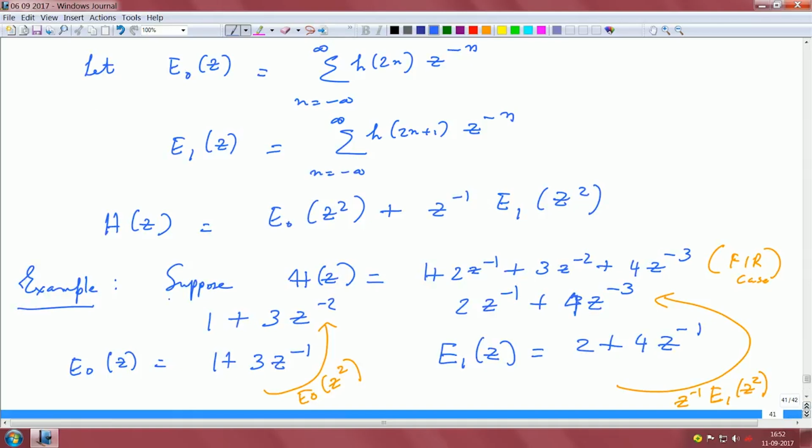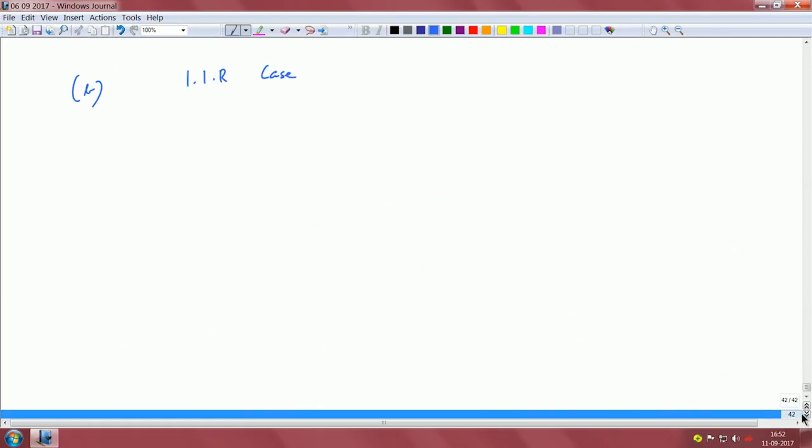So this is case A. And this is case B, which is the IIR case. So suppose I have h of z to be the simple first order IIR low pass filter. I can write this in this form.